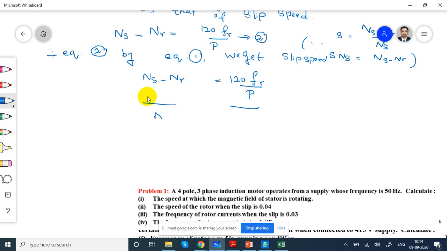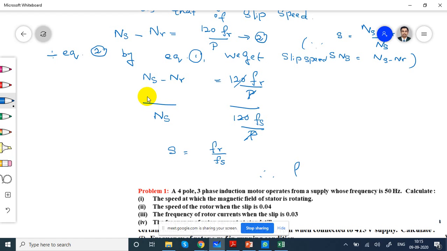What is your equation number 1? Here 120 Fs by P. So here P and P will be cancelled, 120 will be cancelled, and (ns minus nr) by ns, which is S, equal to Fr by Fs.